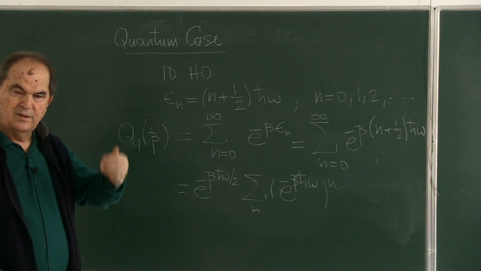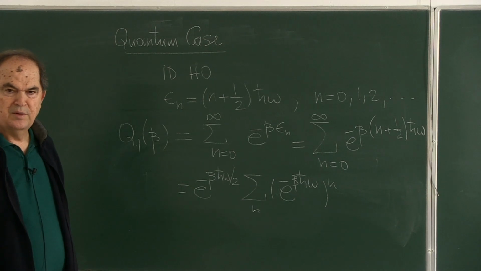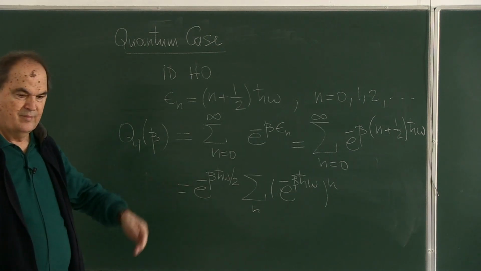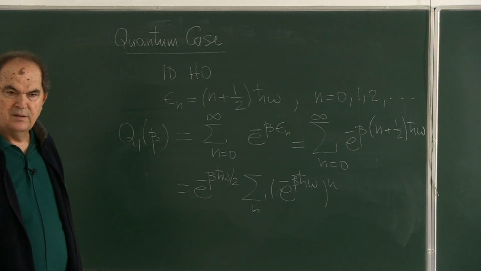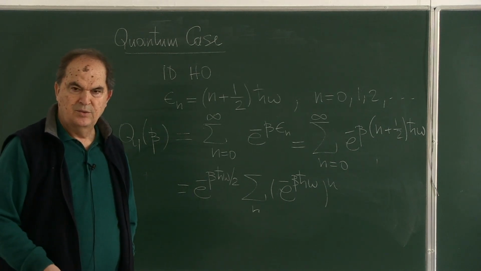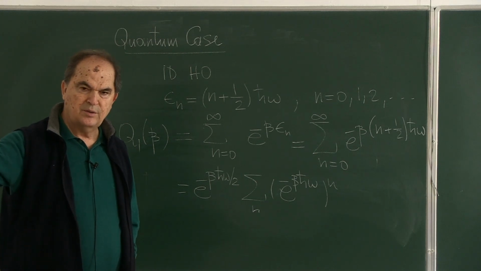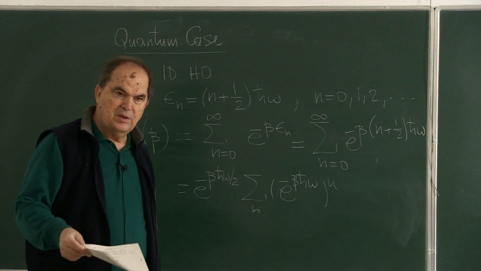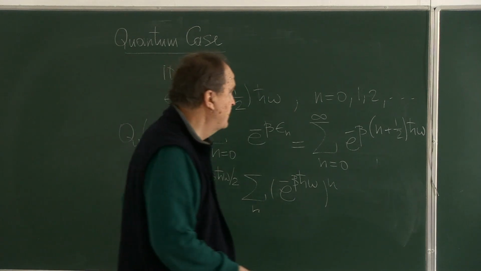The sum of x to the n is 1 over 1 minus x. Can you do it yourself? Can you see it? Yeah. Multiply the sum by x, you get the rest of the sum without the 1. 1 minus x comes from there.